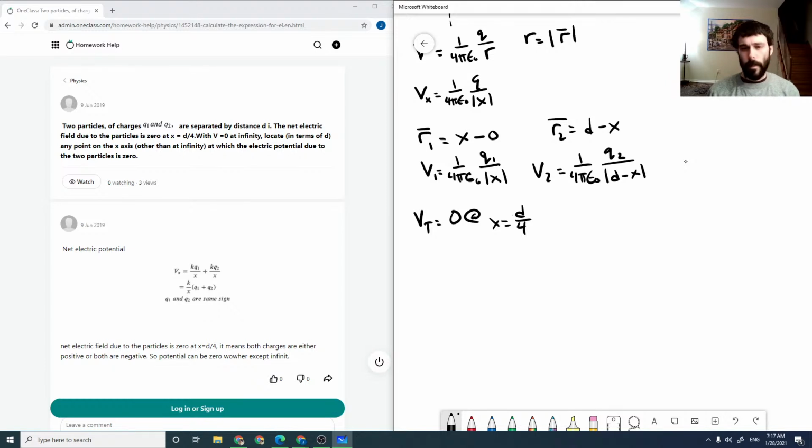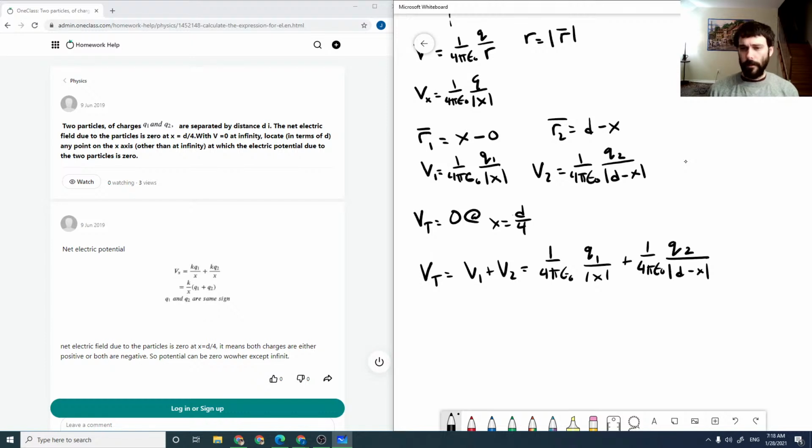So our V total is V1 plus V2, which is 1 over 4 pi epsilon naught Q1 over x plus 1 over 4 pi epsilon naught Q2 over absolute value d minus x.